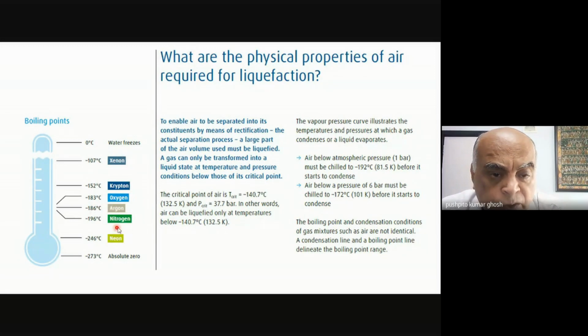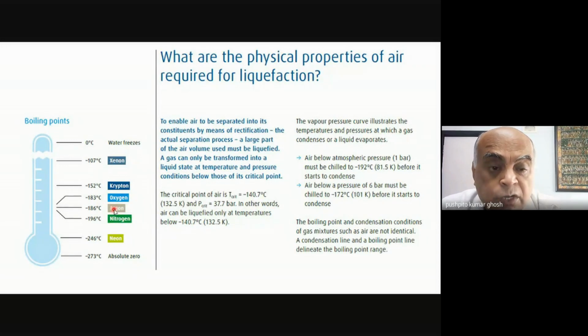What you also need to see over here is that the one which has got the lowest boiling point is nitrogen, minus 196 degrees C. And then there is a fairly good boiling point difference between nitrogen and oxygen. Oxygen is a higher boiling substance, minus 183 degrees C, and argon is quite close to oxygen.